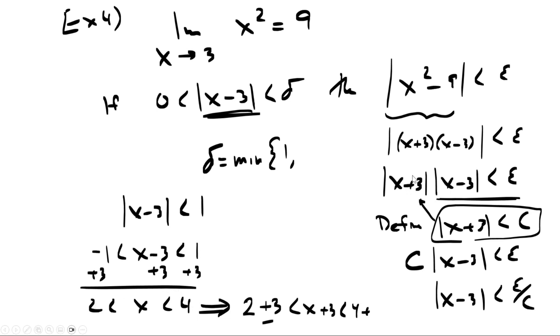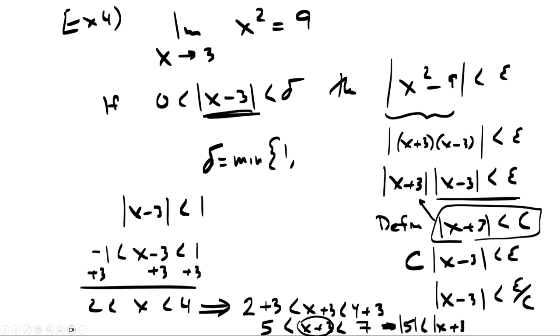But that means x plus 3 is going to have to fluctuate between 5 and 7. And if it fluctuates between 5 and 7, what's the biggest value that x plus 3 can ever be? Well, 5 is on the lower end, 7 is the higher end. So the highest x plus 3 can be is 7.